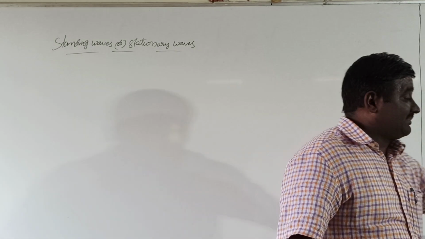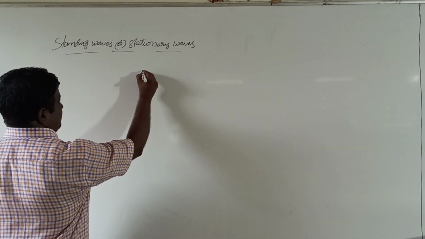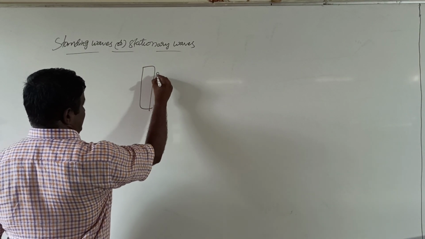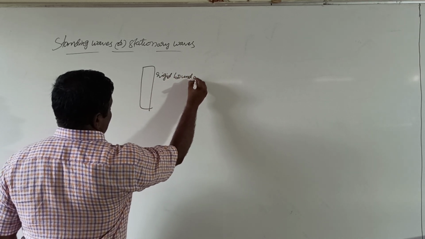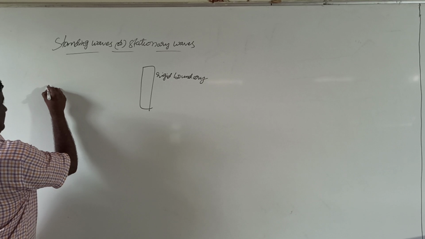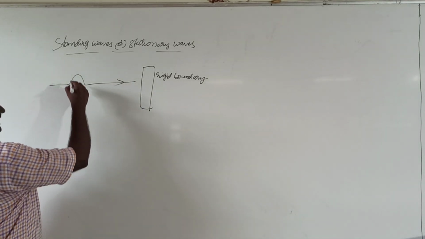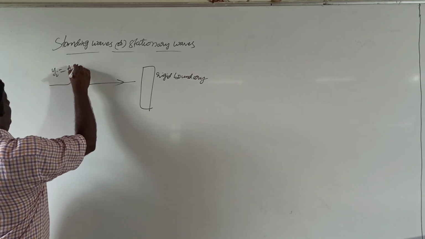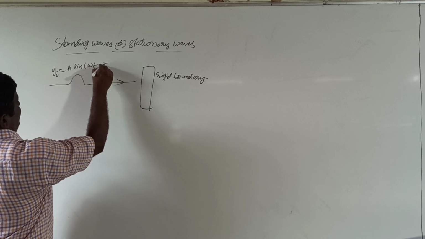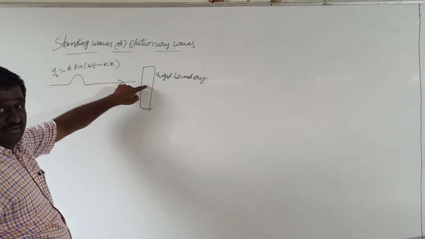Stationary waves are formed across the rigid boundary. It is a rigid boundary. The incident wave across the rigid boundary is yi equal to a sin(omega t minus kx), because the wave is traveling along the positive x-axis.